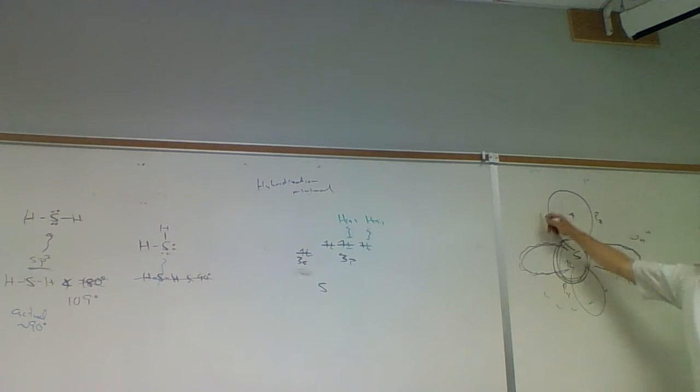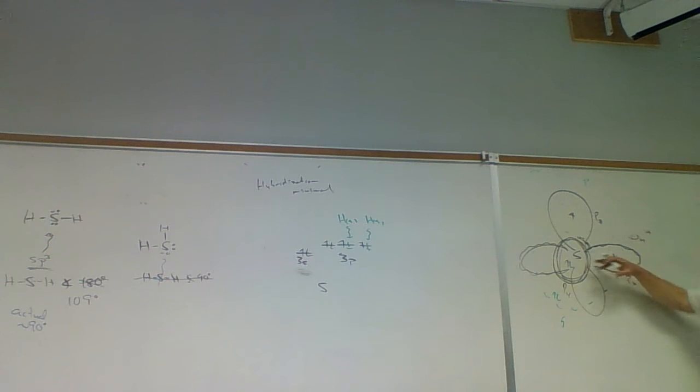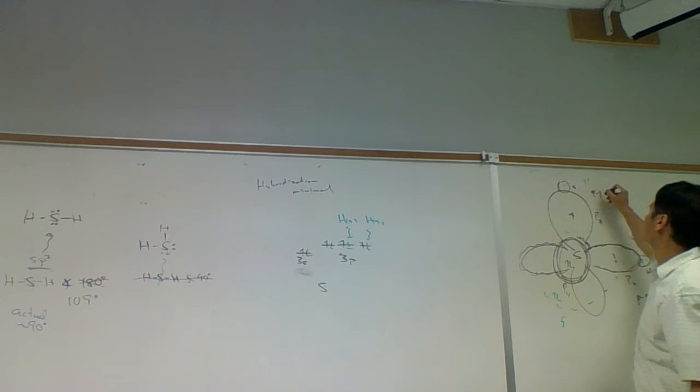And it turns out that these electrons, as the atom is so big and these orbitals are so big because we're in the n equals 3, can still get far enough apart from each other that the repulsions are going to be minimal. And so what we're going to get is this, a p-s sigma bond here, a p-s sigma bond here. And over here, the same thing, a p-s sigma bond.